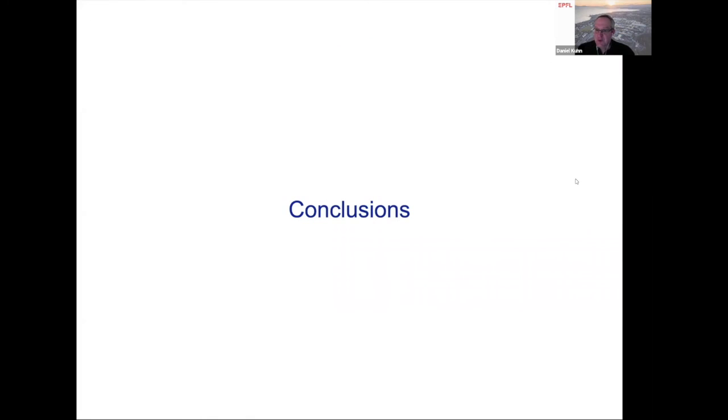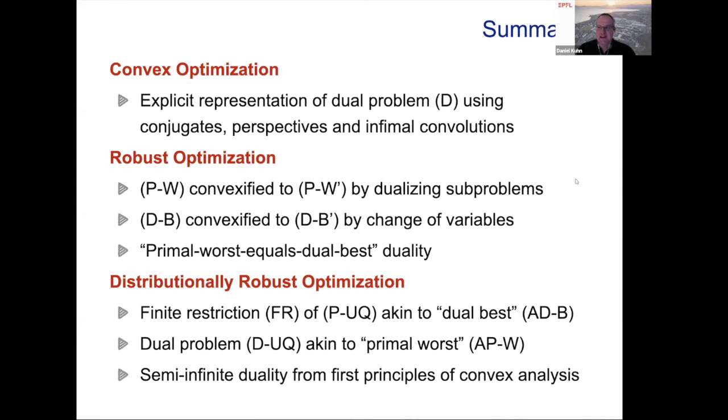Okay, so this brings me to the end of my talk. In summary, we have studied first a generic convex optimization problem, and we derived an explicit representation of its dual in terms of conjugates, perspectives, and infimal convolutions of the original objective and constraint functions.